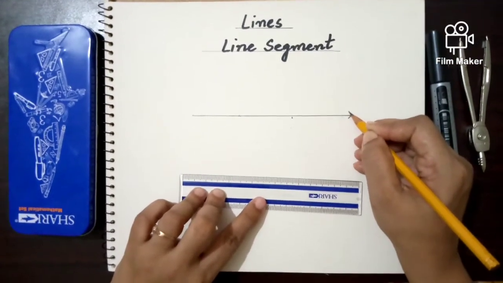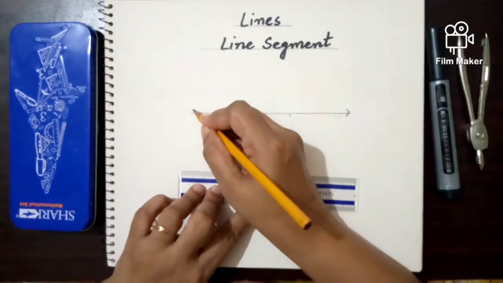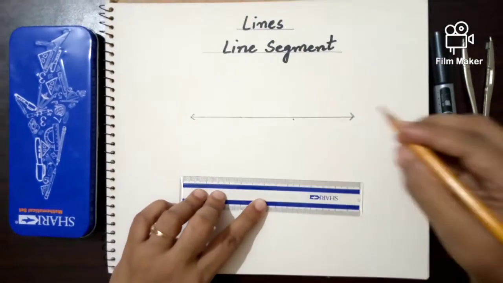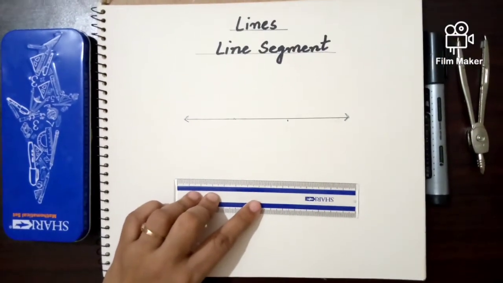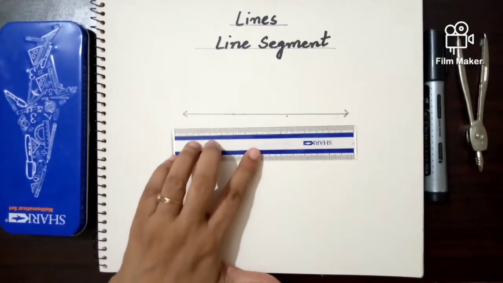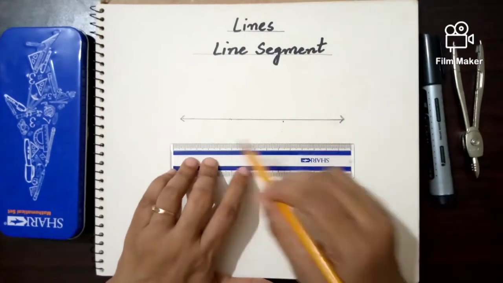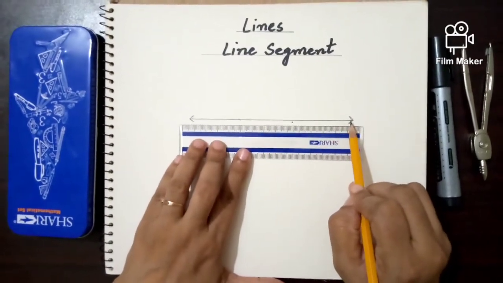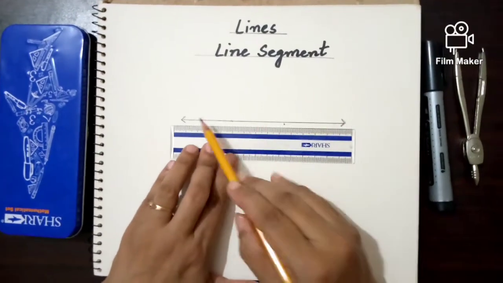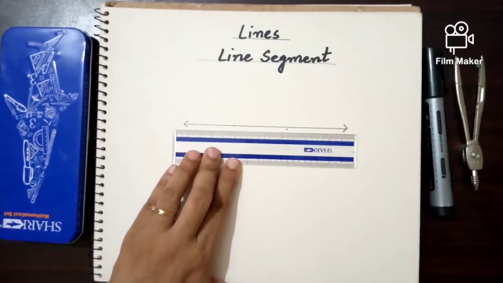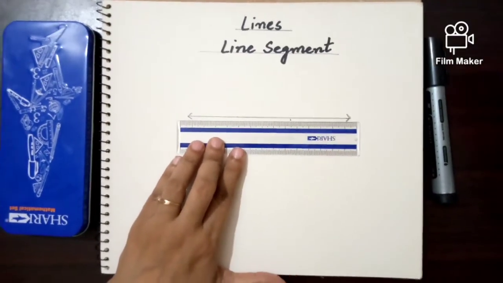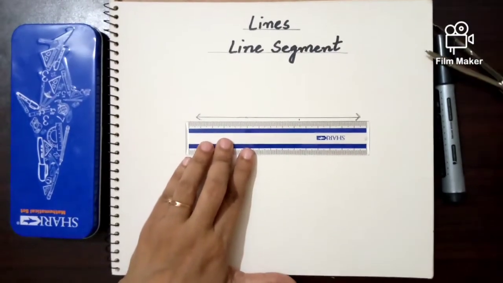A line has no end point. It has an arrowhead on both ends of this line. These arrows show that a straight line goes on and on in both directions. Now we are going to draw a line segment.